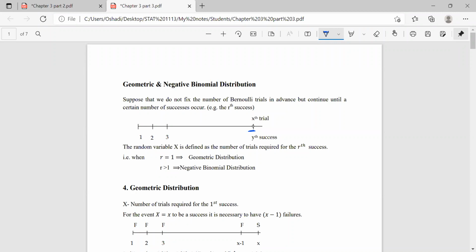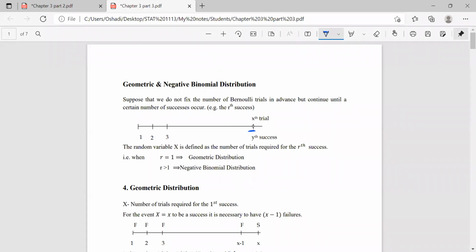So in the binomial distribution, the number of trials is fixed. Out of these trials, how many successes are there? That is what we are concerned with in the binomial. But in the geometric, we are concerned with how many trials we require for the first success, right? So for the event X equals x to be a success, it is necessary to have x minus 1 failures.